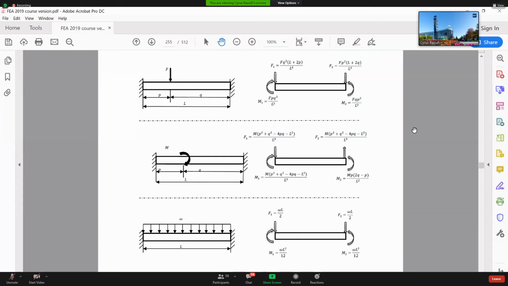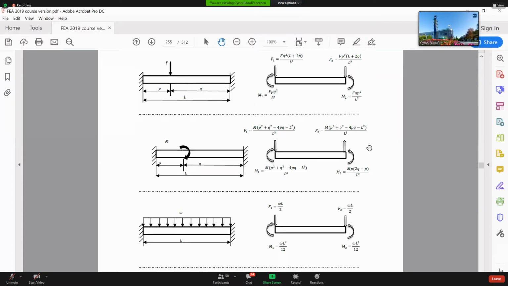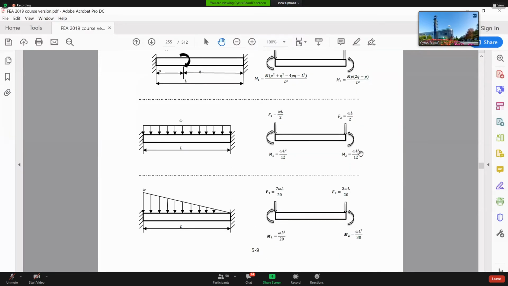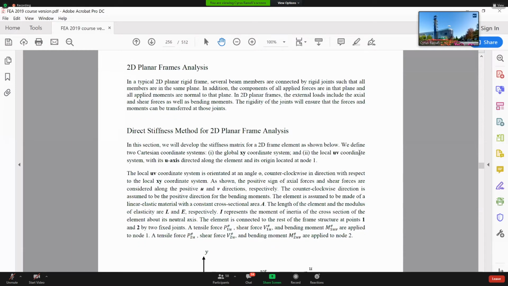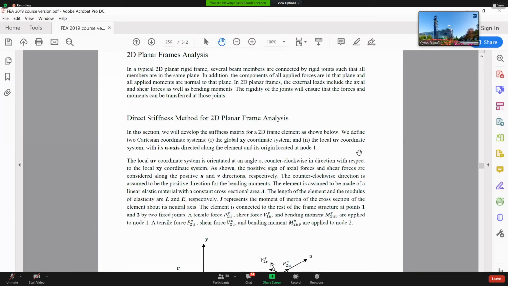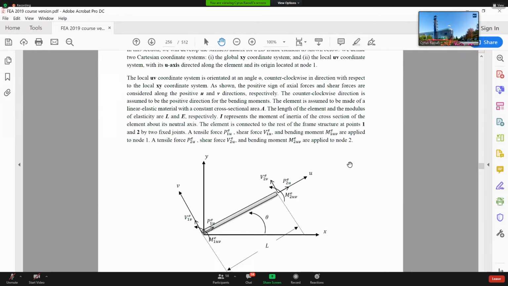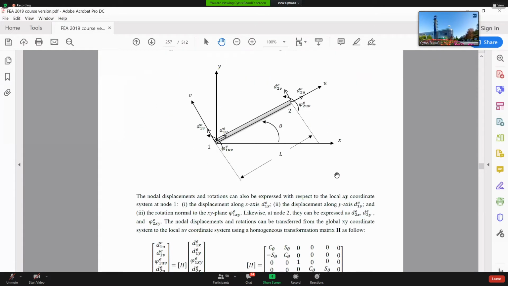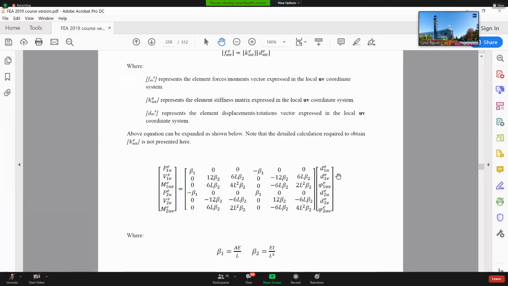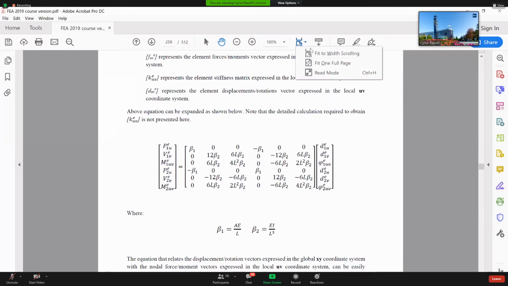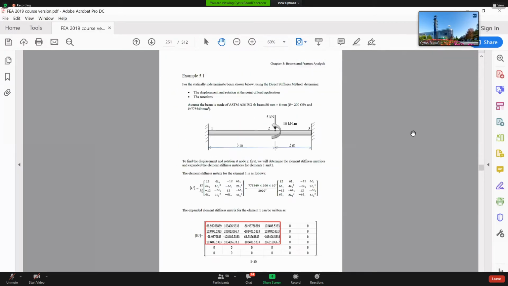All right, this is what we have in terms of nodal forces and moment. Now, let me just go through one example to see what we are doing in terms of this approach.